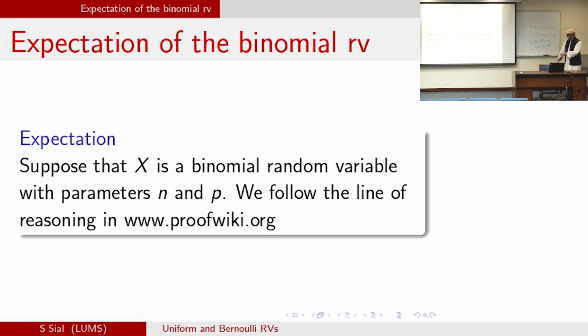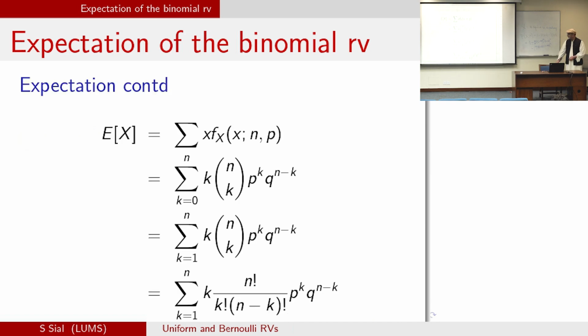Basically, I followed the proof that's in ProofWiki. So the expectation of any X is the summation over all the allowed values of x times the PMF. So that's from the definition.